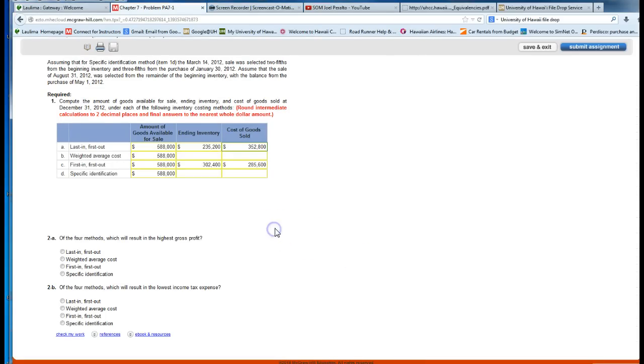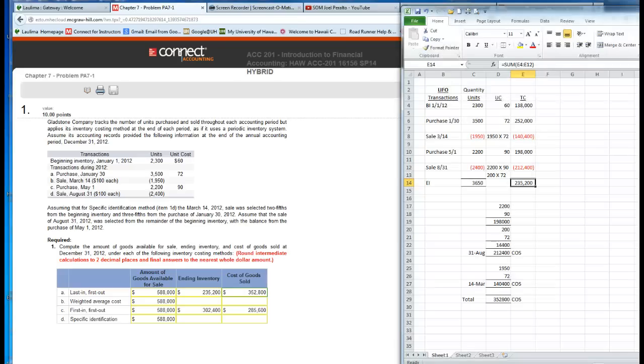I think it might be helpful to complete this information here. What are the units left in our ending inventory? Well, we sold all of these 2,200 on this August sale, and we sold 200 of this 3,500 in the August sale, so we had 3,300 left. And then in the March sale, we sold 1950.